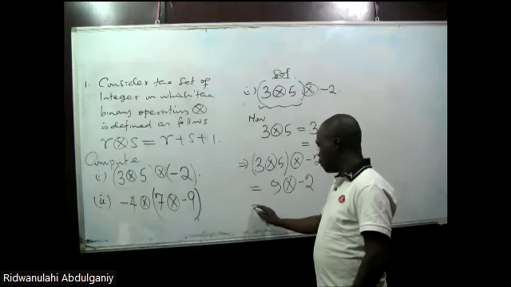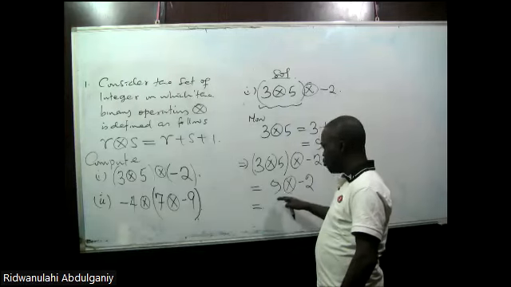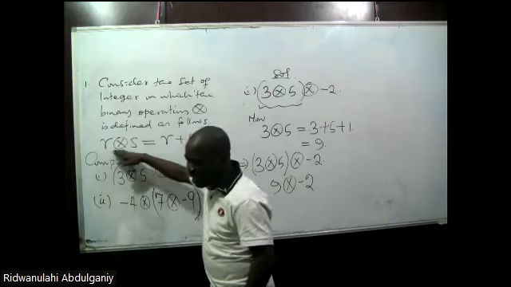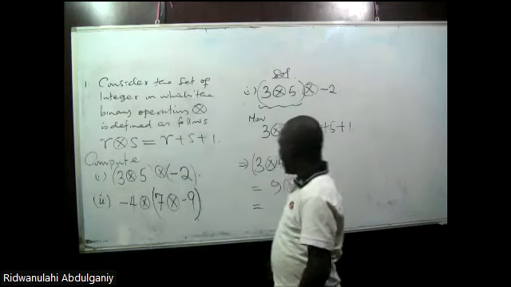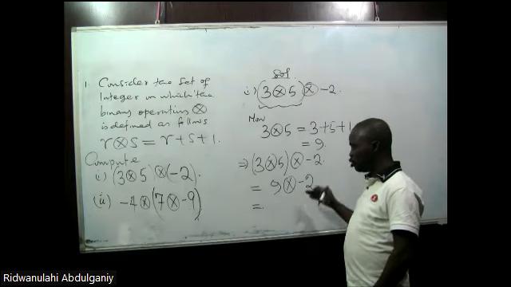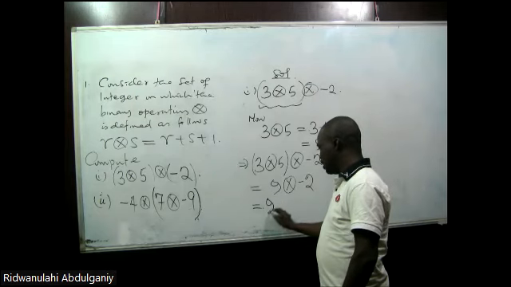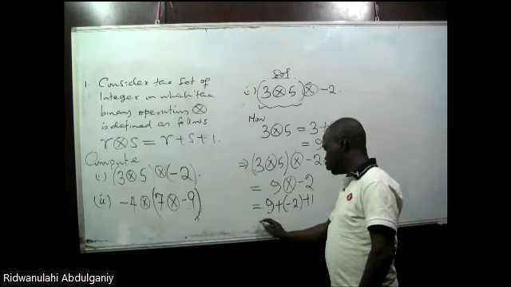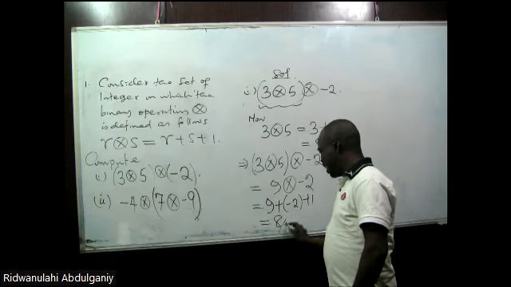Now we're working on 9 operation minus 2 using the same definition. Our first element is 9, and our second element is minus 2. That gives us 9 plus minus 2 plus 1, which is 8. And that is the answer.